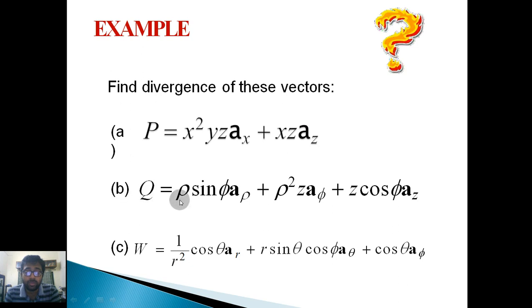Q is equal to rho sin phi A suffix rho plus rho square z A suffix phi plus z cos phi A suffix z. Another is W, which is equal to 1 by r square cos theta A suffix r plus r sin theta cos phi A suffix theta plus cos theta A suffix phi.